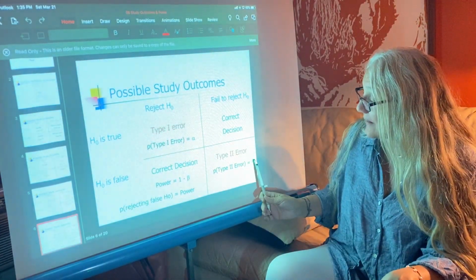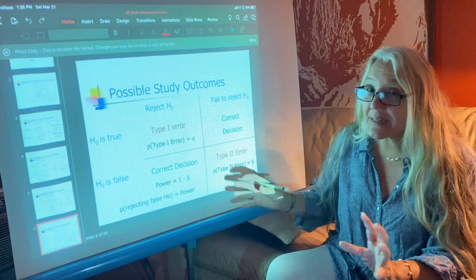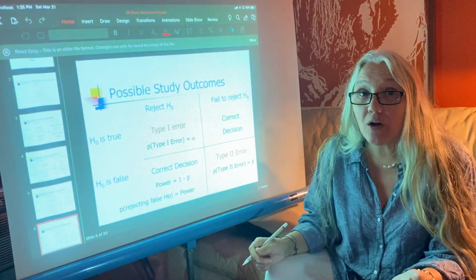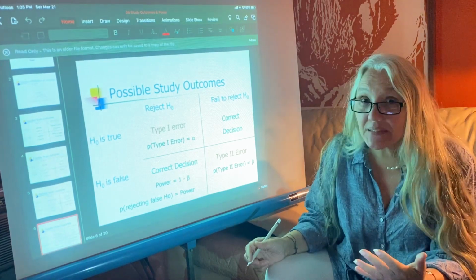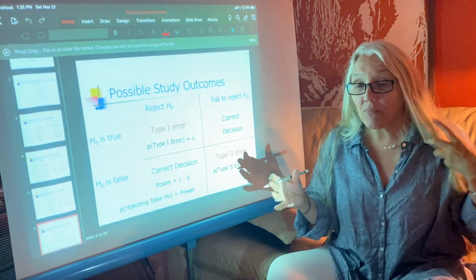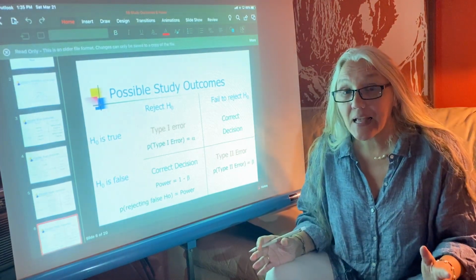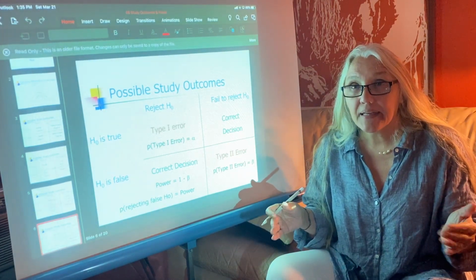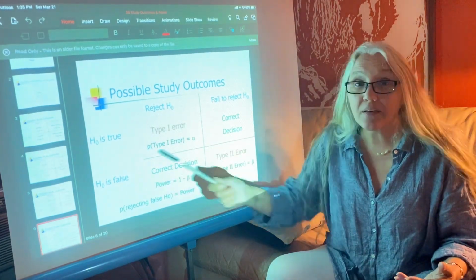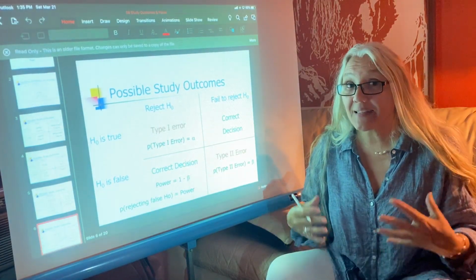If we take beta and find the rest of the probability space, so 1 minus beta, we get what we call power. Power is the ability, when we have two separate mu's, so the null hypothesis is false, to detect that in our analysis, so rejecting the null hypothesis when the null hypothesis is false, that's power.